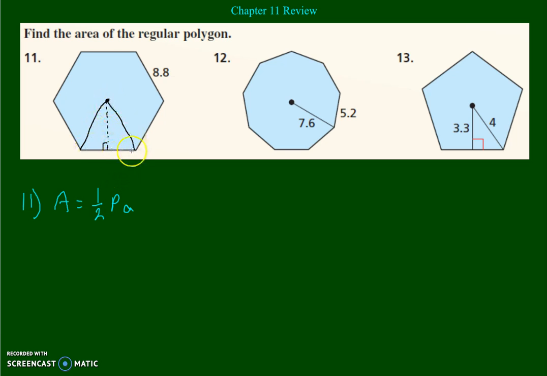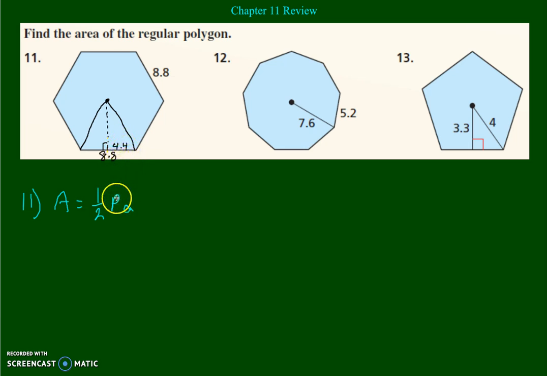So we've drawn in two radii and the apothem. Now we've got to determine what the length of that apothem is. Well, we know that this side is 8.8, and since these radii are congruent, I know that this is the perpendicular bisector of that base. That means this side is 4.4.